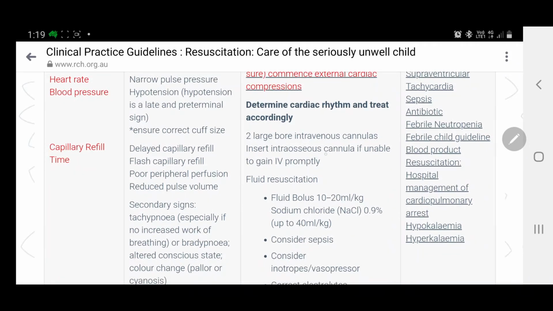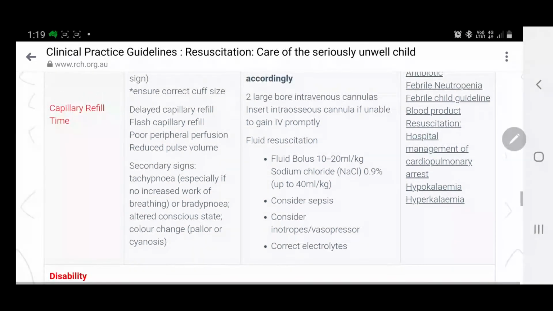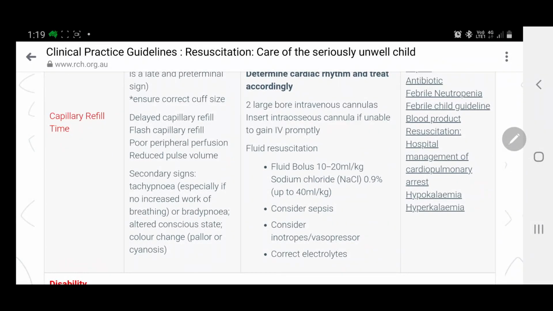Two large bore intravenous cannulas should be inserted, and an intraosseous cannula if unable to gain IV promptly. So we should do that immediately. Fluid resuscitation, fluid boluses, 10 to 20 milliliters per kg, sodium chloride, NaCl 0.9%, up to 40 ml per kg. Consider sepsis, and consider inotropes or vasopressors, and correct electrolytes.